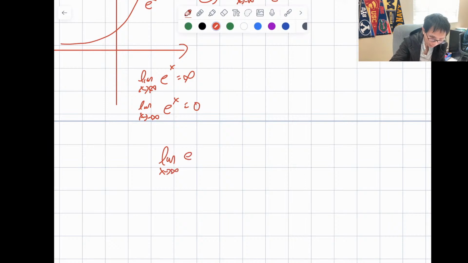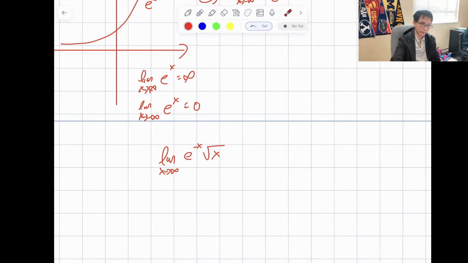How about this special case here? This one is a little bit different. The limit as x approaches infinity of e to the negative x times square root x. Which indeterminate form is this one? Look at the graph.